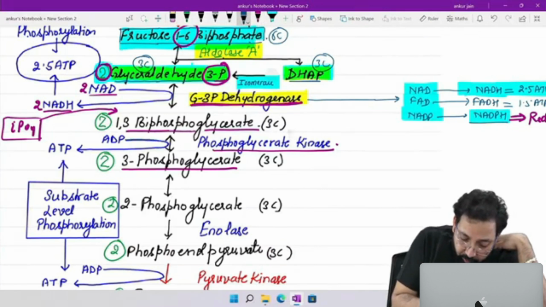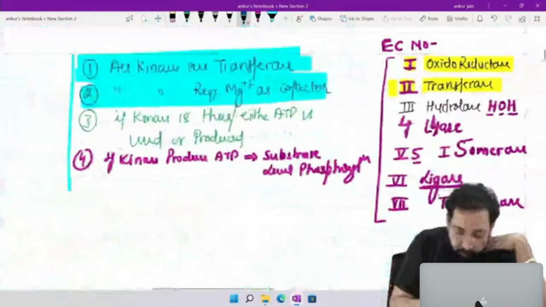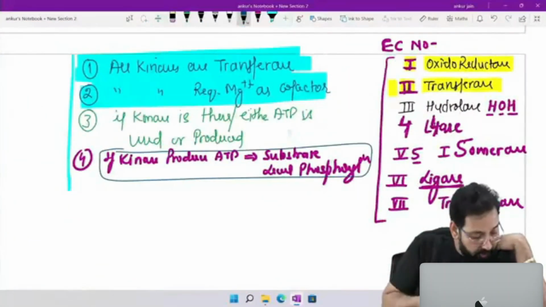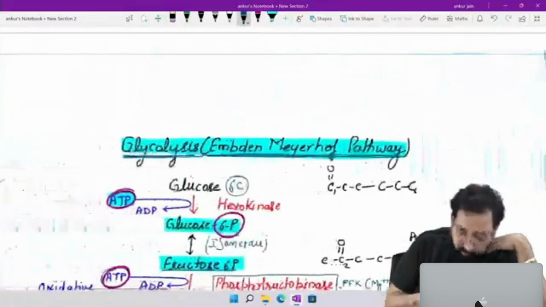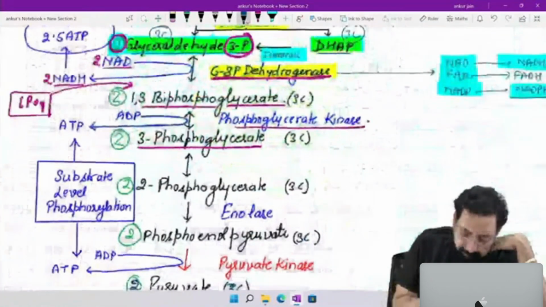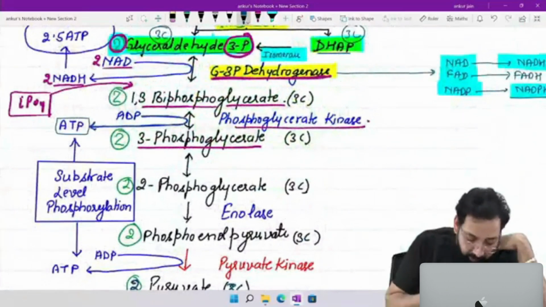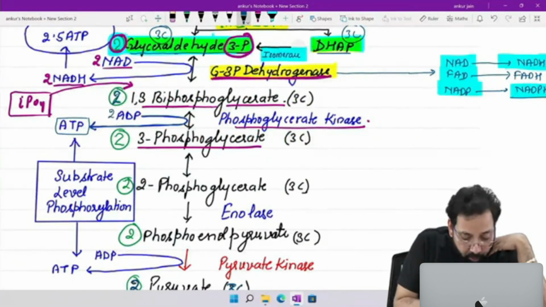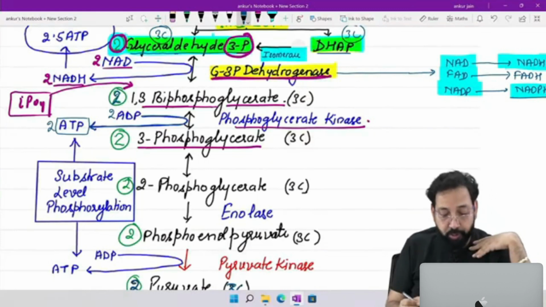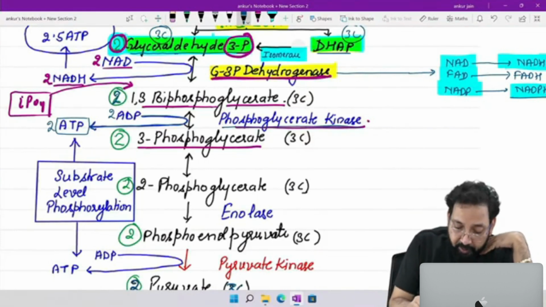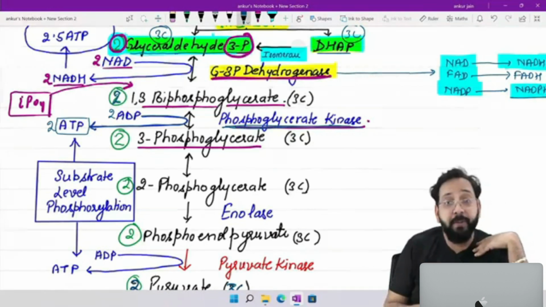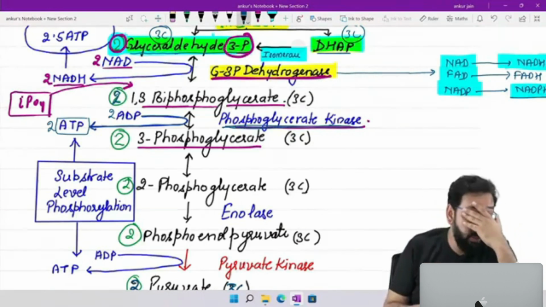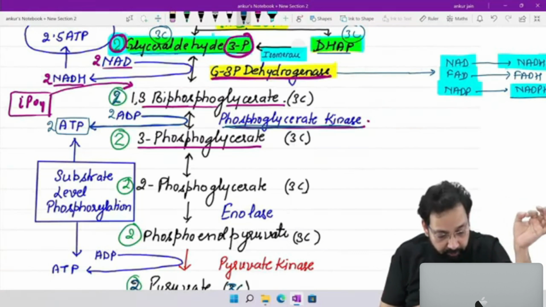And I told you if a kinase produces ATP, that is called substrate level phosphorylation, because two molecules of 1,3-bisphosphoglycerate are there. So 2 ADP are converted to 2 ATP. So phosphoglycerate kinase produces ATP, and any kinase that produces ATP, that is called substrate level phosphorylation.